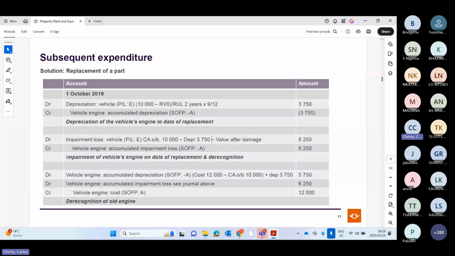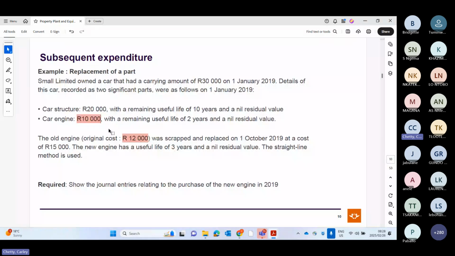So from this, you can see that before the current year, so in the prior period, 2,000 Rand of depreciation would have been processed, okay? So now we're removing all the previous accumulated depreciation. So we're going to remove the 2,000 Rand, which is the difference between the original cost and the carrying amount on 1 January 2019.